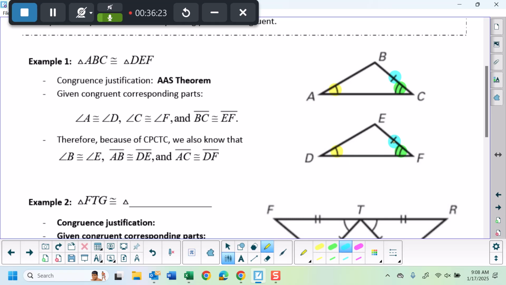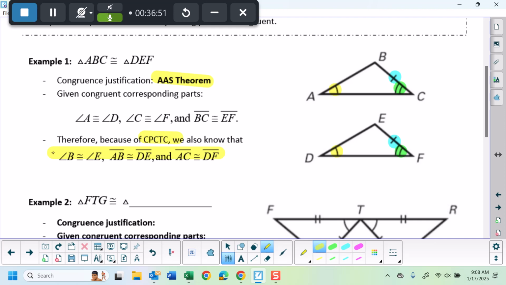I'm given that in the diagram. I know that by angle, angle, side, these two triangles are congruent. Once I say that they're congruent, CPCTC gives me all of the stuff that I didn't have. It's like I have the magic code to the lock that springs open everything else.